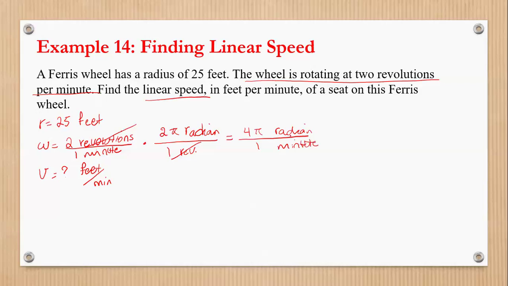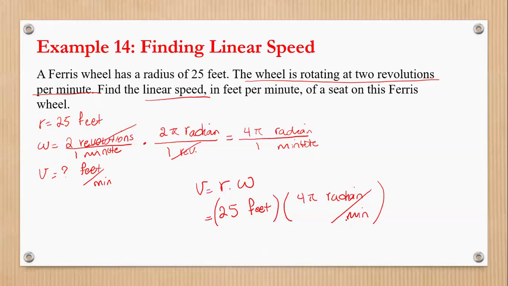Now, after converting to radians, we can use our formula, which is r times omega. So v, the linear speed, is r times omega. R is the radius, which is 25 feet. Omega is 4 pi radians per minute. If you multiply these two, it gives you 100 pi feet per minute.